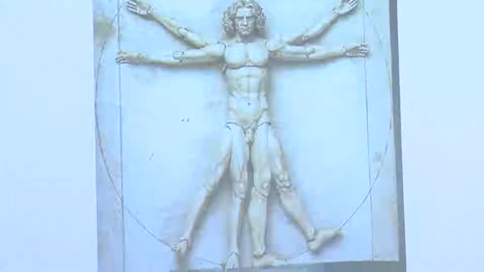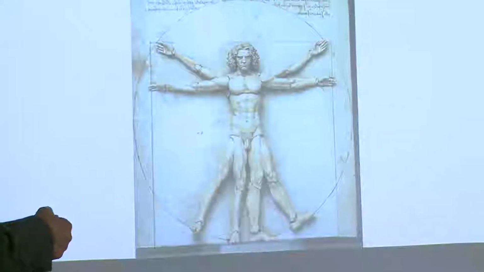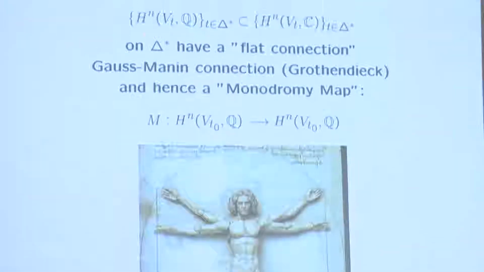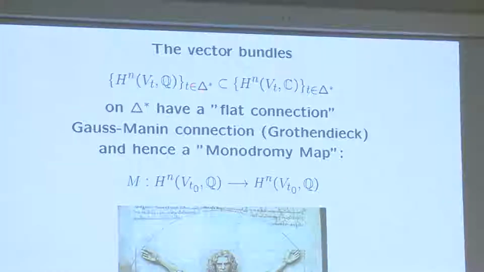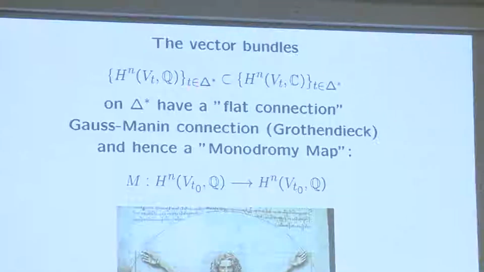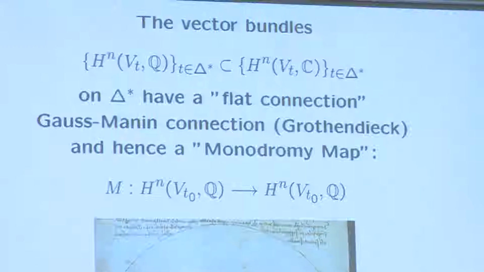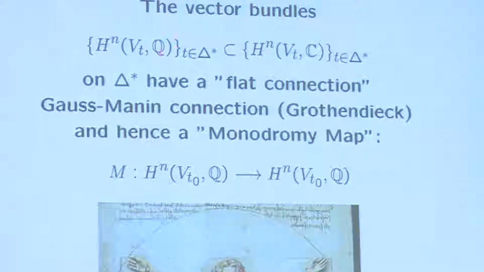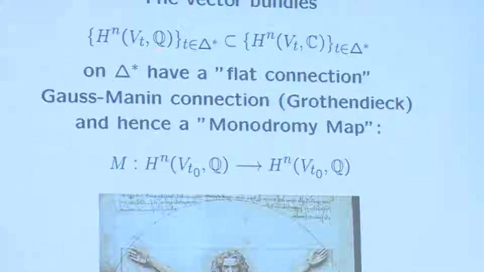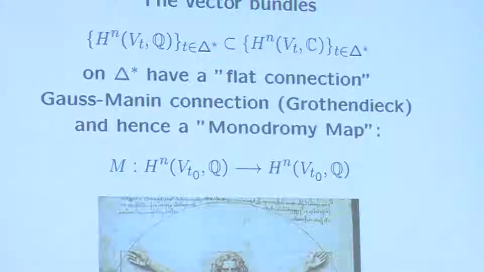Now, we can consider these vector bundles. So we consider Hn, the only interesting cohomology group, and we put it over the punctured disk. So for every value t, we consider the cohomology group of its fiber, and then it becomes a fiber bundle. So if we put rational coefficients, we could put rational or real or complex coefficients, it will become a vector bundle, and this vector bundle has a flat connection.